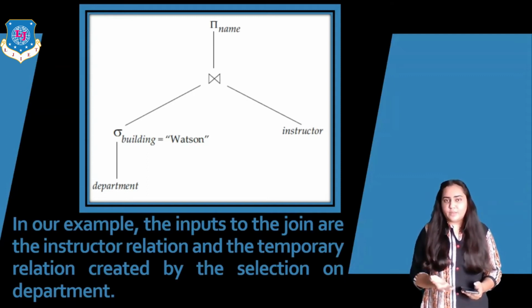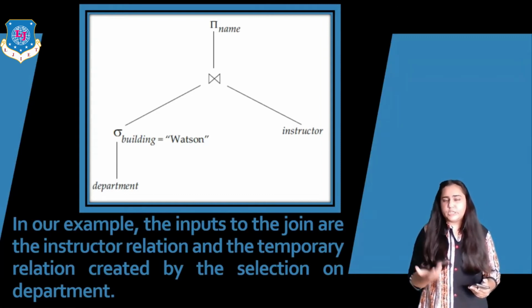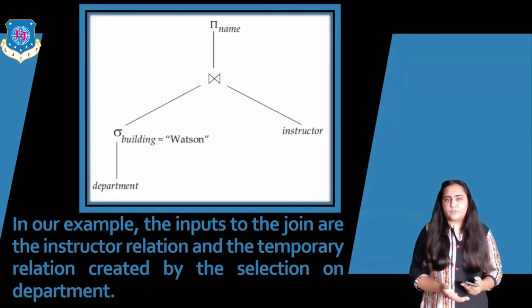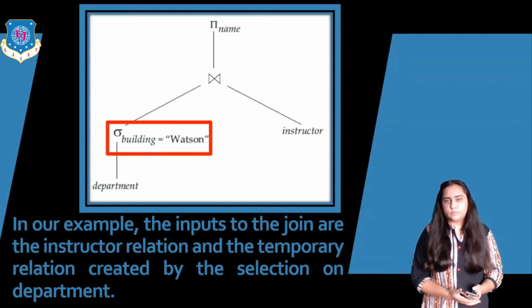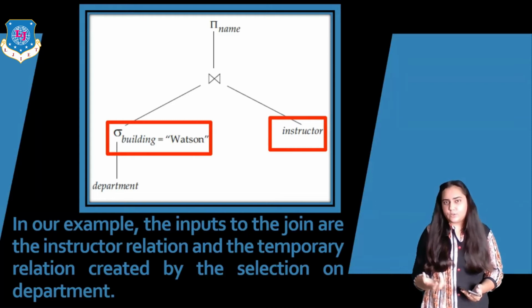After performing that operation, you are creating a temporary relation which contains only those rows of department where building is Watson. So it's a temporary relation which is then passed to the join operation. This is the temporary relation, and the instructor relation that you have is the actual relation present in the database.